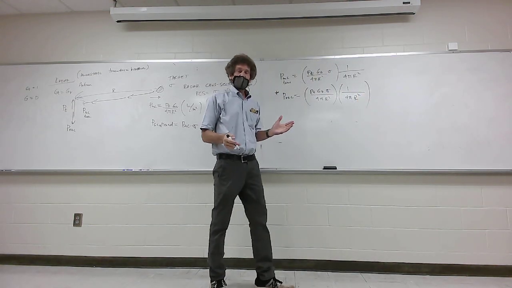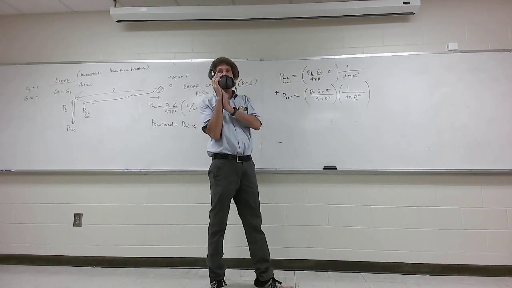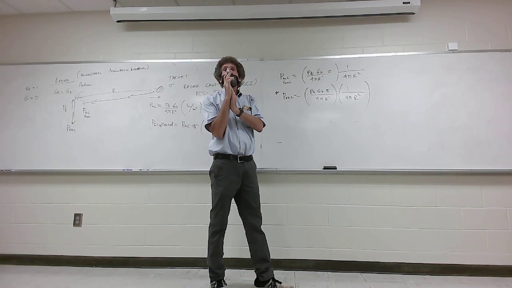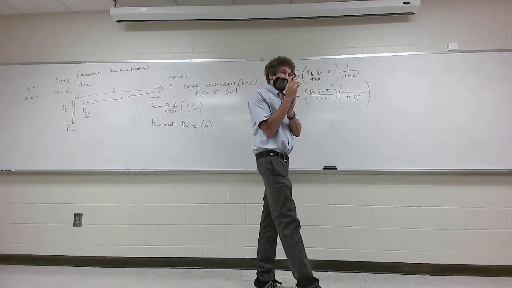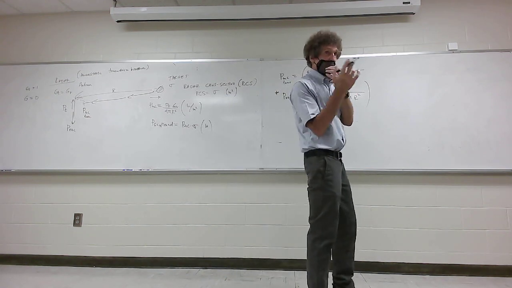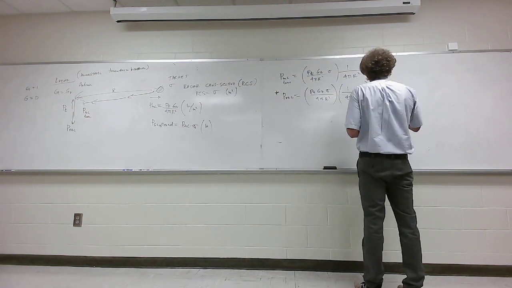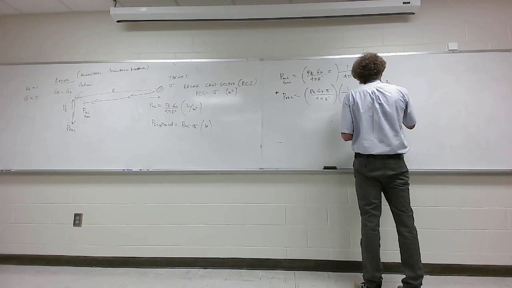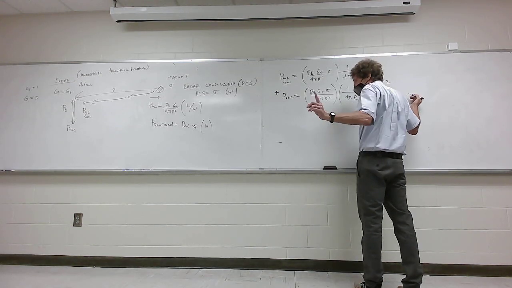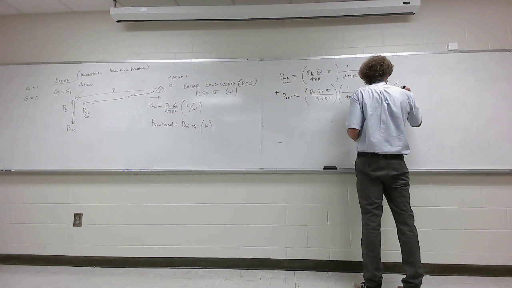Now I have the power density that's incident on the receiving antenna. And how many remember what the formula is for the aperture of that antenna? Anyone? It's always proportional to gain, that's a clue. Go ahead. Lambda squared over 4 pi times gain received, gain of the receiver, right.